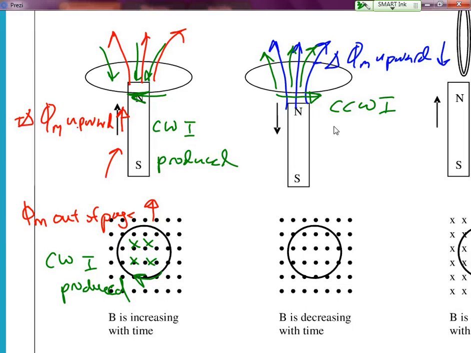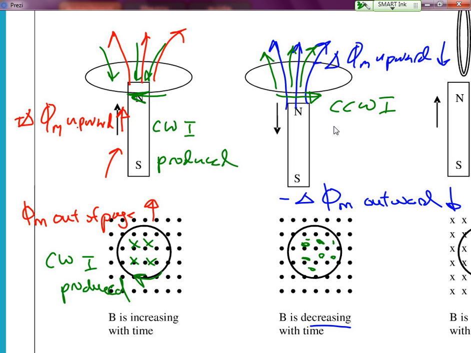And for this bottom example over here, okay, again, the flux, in this case when the magnetic field is decreasing, the flux outward is decreasing, so I have a negative change in flux. So that means my loop will try to strengthen it by creating a field in the same direction.